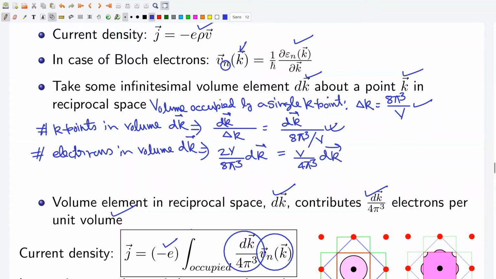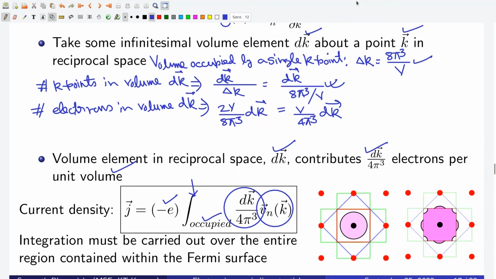We have to integrate over the occupied states. Let us try to understand what we mean by integration over the occupied states. This implies that integration needs to be carried out over the entire region contained within the Fermi surface.